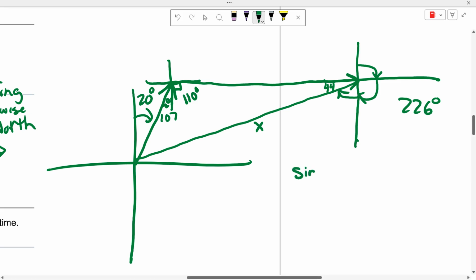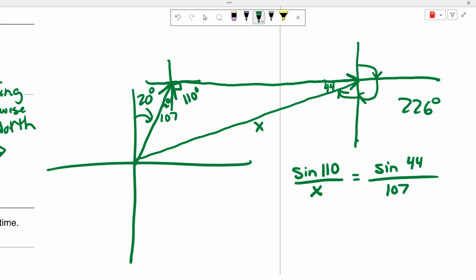The sine of 110 over its opposite side x equals the sine of 44 over its opposite side 107. So then you take this times this divided by this, and you figure out how long they flew on their last stretch with the helicopter. Definitely going to be longer than 107 miles.